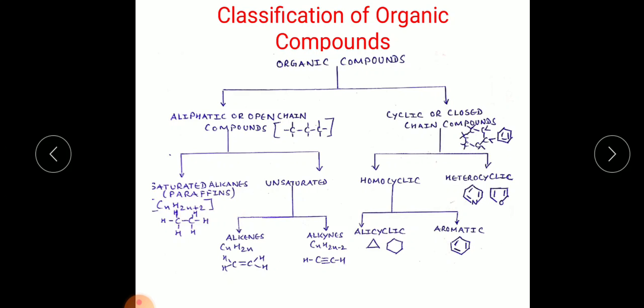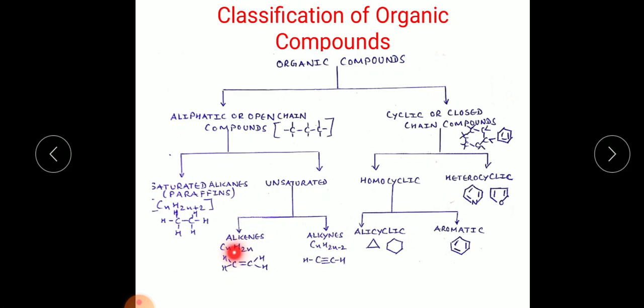In alkanes, we have carbon-hydrogen bonds and carbon-carbon single bonds. In unsaturated hydrocarbons, we have double bonds and triple bonds. Unsaturated hydrocarbons are further classified into alkenes and alkynes.